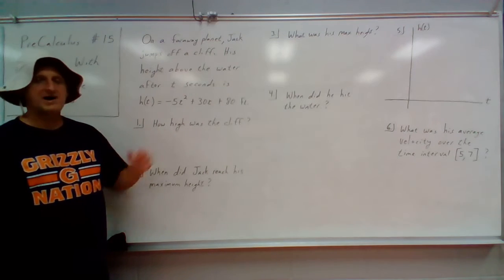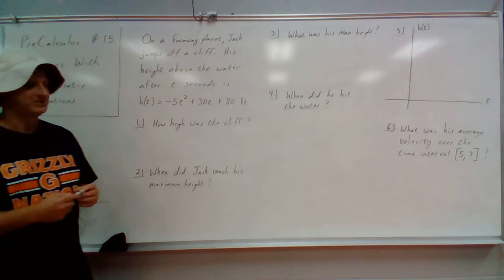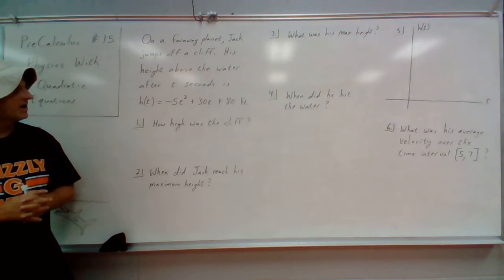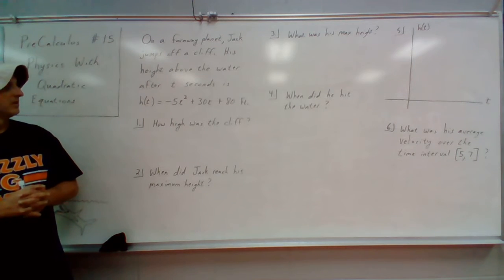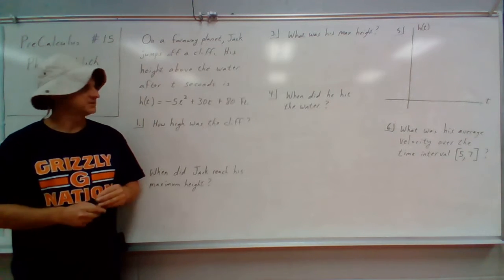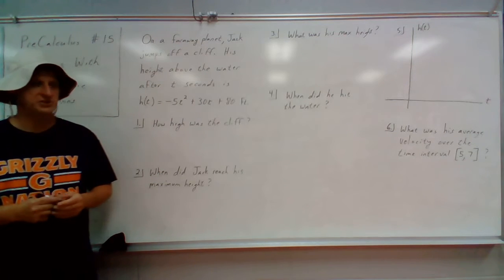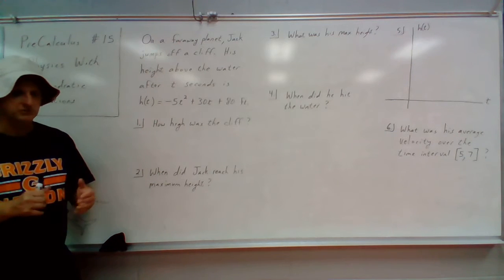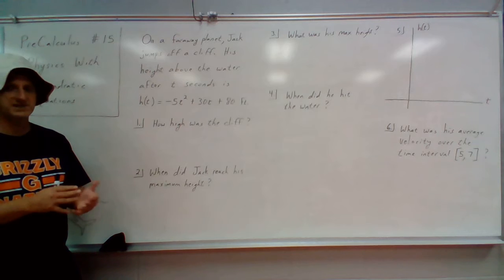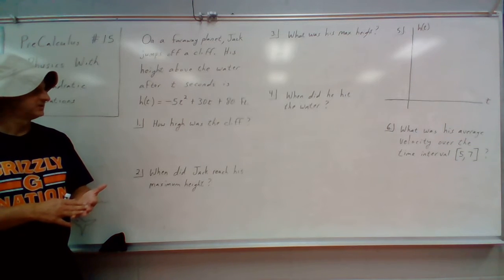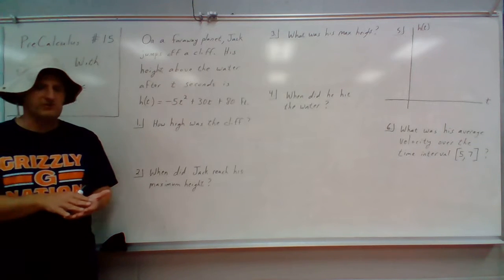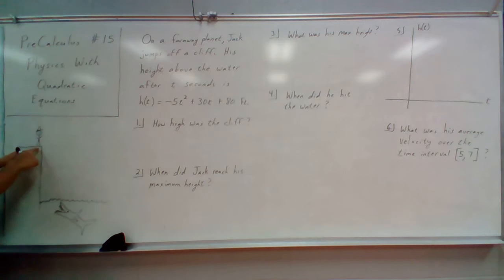So how high was the cliff? Okay, so let's think about that. How high was the cliff? Well, t represents seconds after Jack jumps. So initially, Jack was standing on top of the cliff. If we want to know how high the cliff was, we want to know where Jack was, or his height, at time 0 initially.